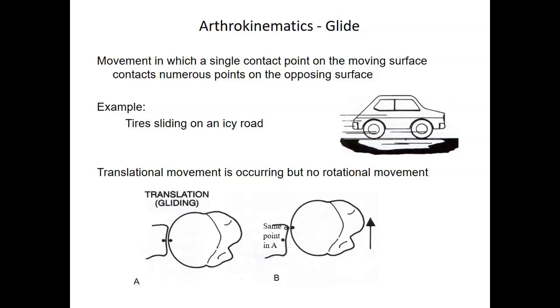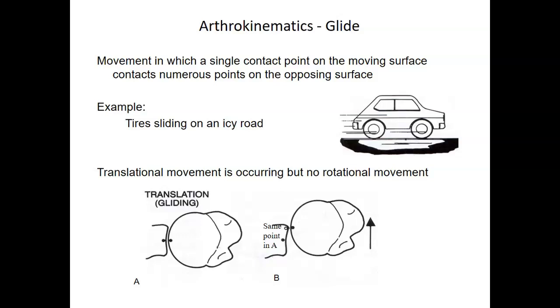This is translational and it has no rotational component, just translational. So in the picture, the head of the humerus there, if you glide or slide it, you're staying the same point on the humerus, but you're gliding along the glenoid. There's no rolling there.